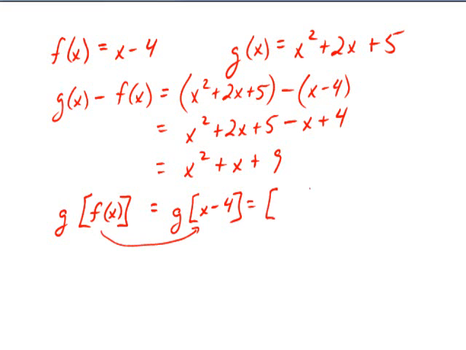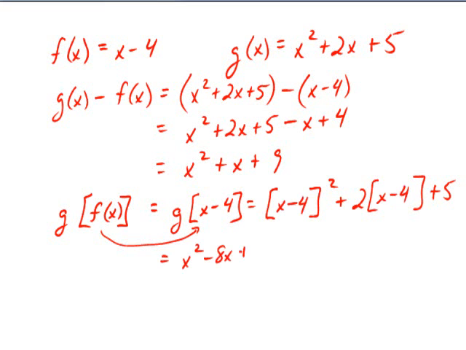The g function said x squared plus 2 times x plus 5. So where x was, I'll replace that with x minus 4 in both cases. And now I can multiply out and simplify. Multiplying x minus 4 times x minus 4 is x squared minus 8x plus 16.